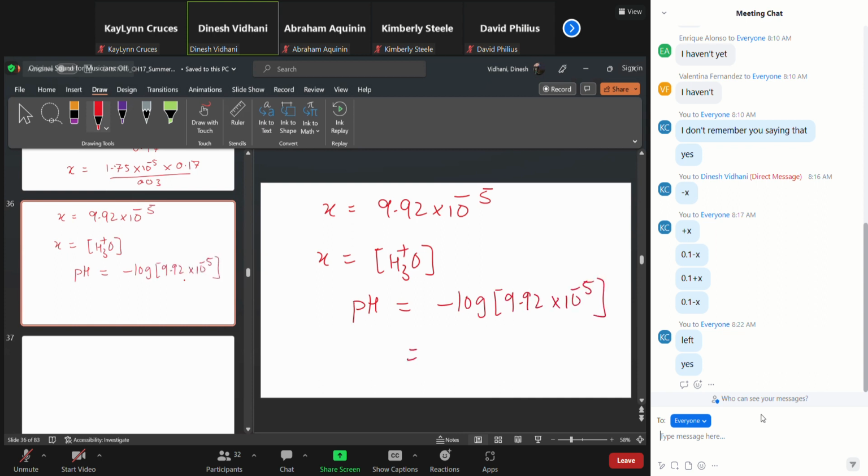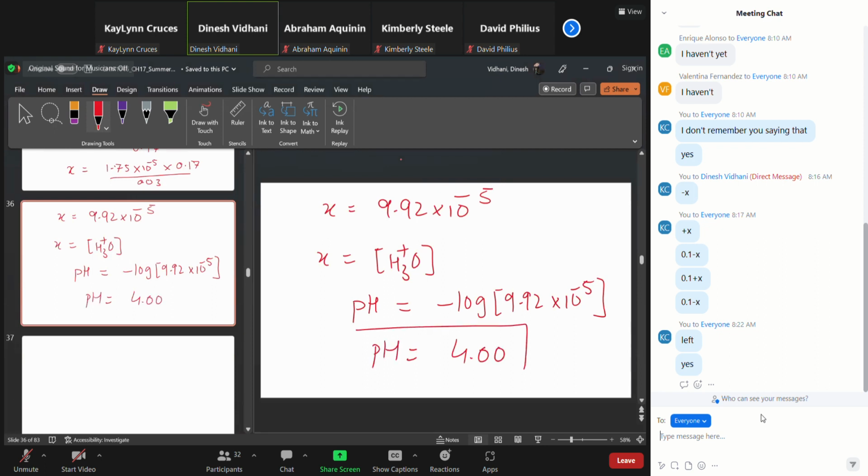Can you find this value for me? Well, 4.00. Okay, very good. This is what you guys are getting.